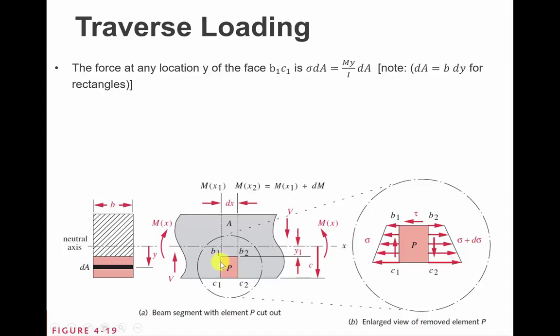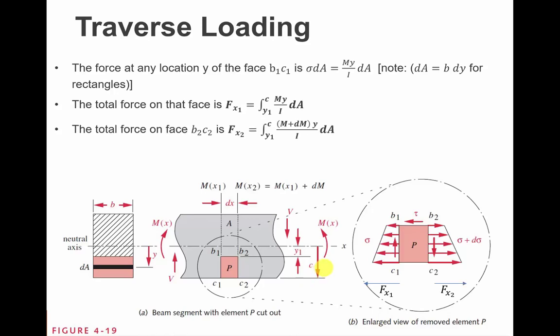That's the small element of height at that location. Okay. So the total force on this entire face right here, the B1, C1 face, we're going to find by integrating the stress along each of those elements as we move along, and this is what that's going to be equal to. The integral from y1 to c of My over I times dA.